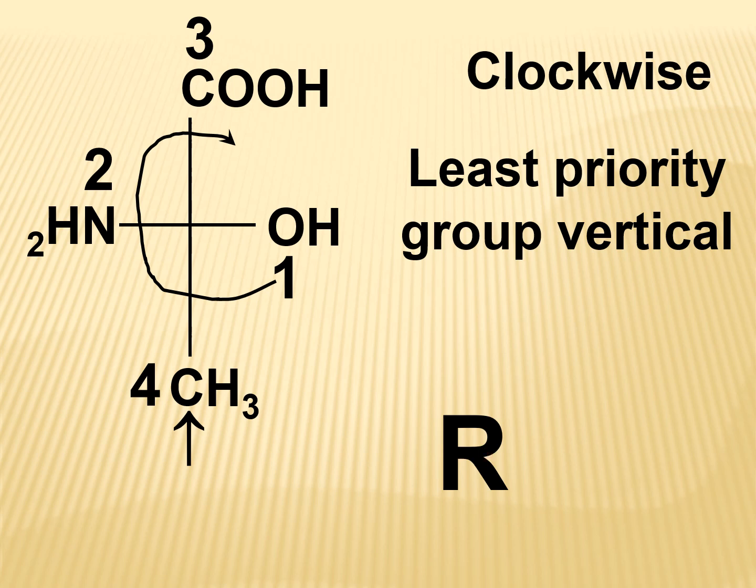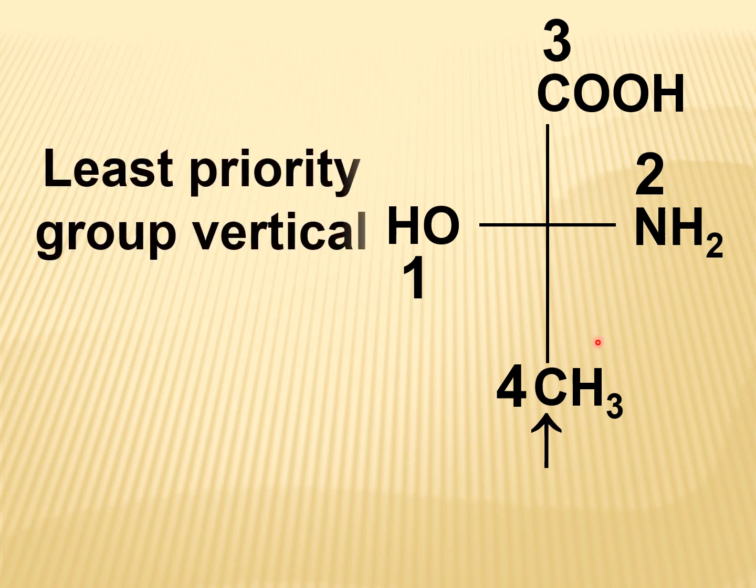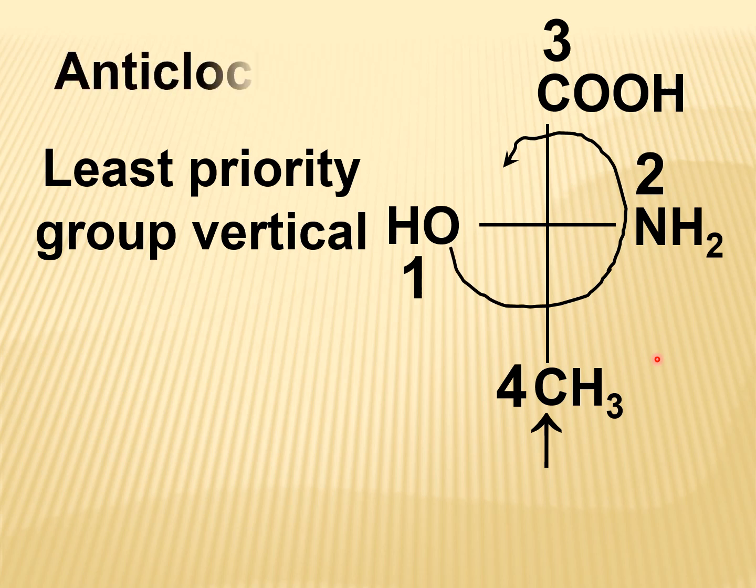Another example, let us take the isomer of this compound. This is the isomer. Again, assign priorities. So priority 1, priority 2, again priority 3, priority 4. View from a direction behind the least priority group. Least priority group is vertical, and when we move from 1 to 2 to 3, that movement is anti-clockwise.